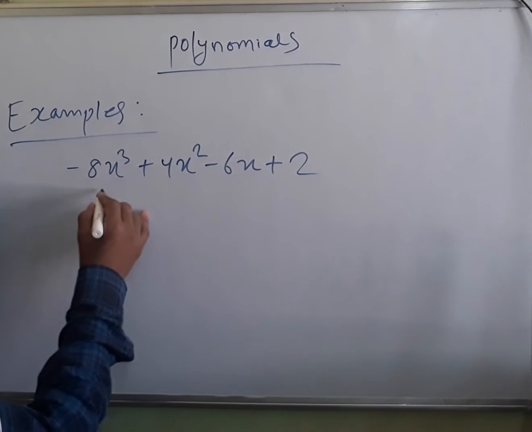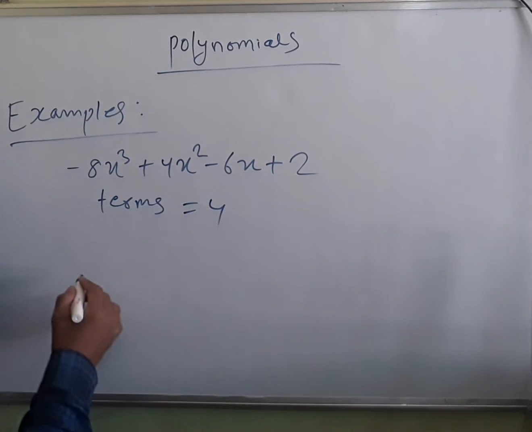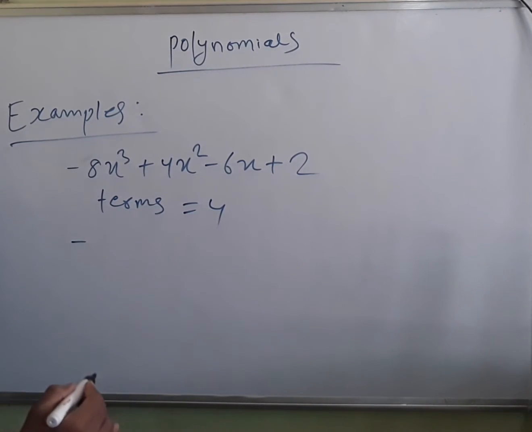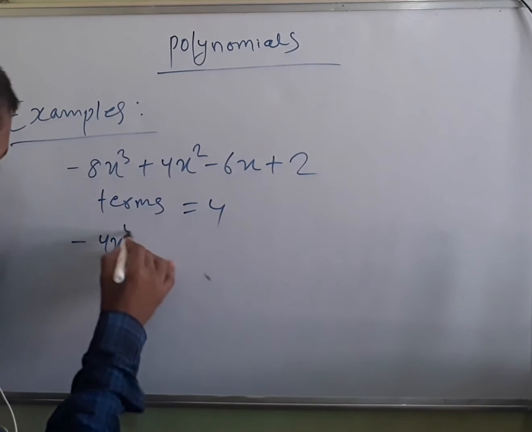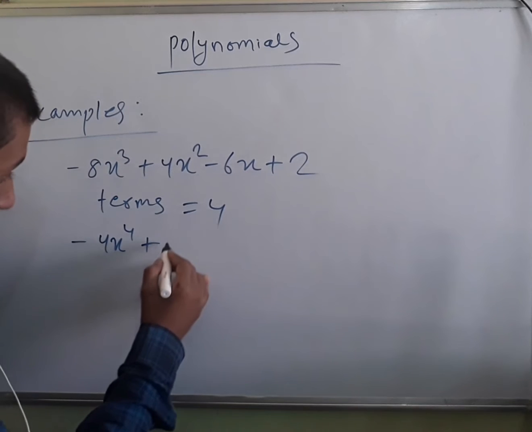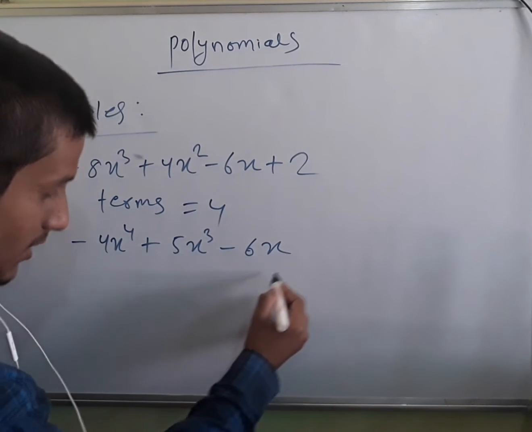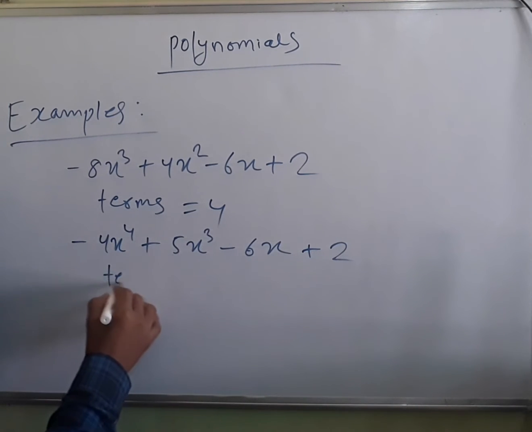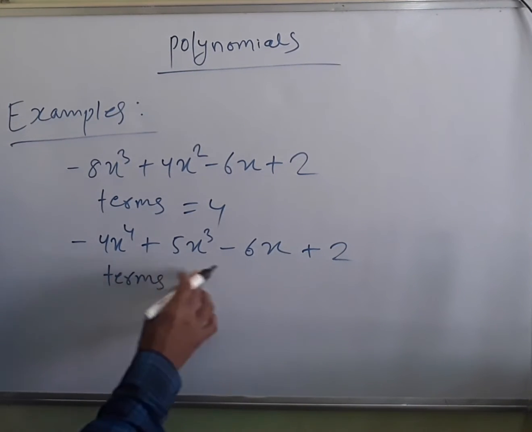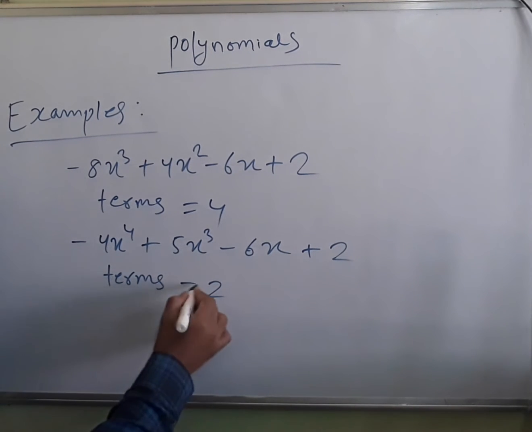Another example is 4x to the power 4 plus 5x cubed minus 6x plus 2. That is also a polynomial. Again, 4 terms there.